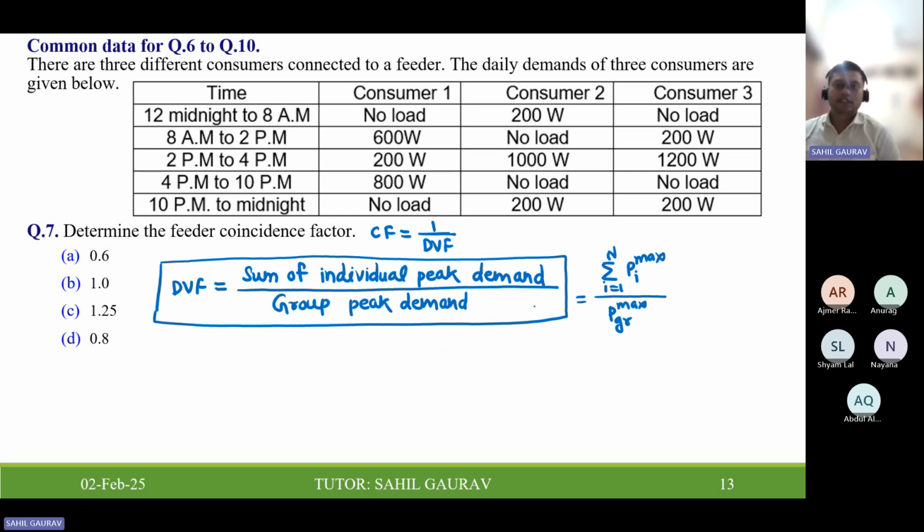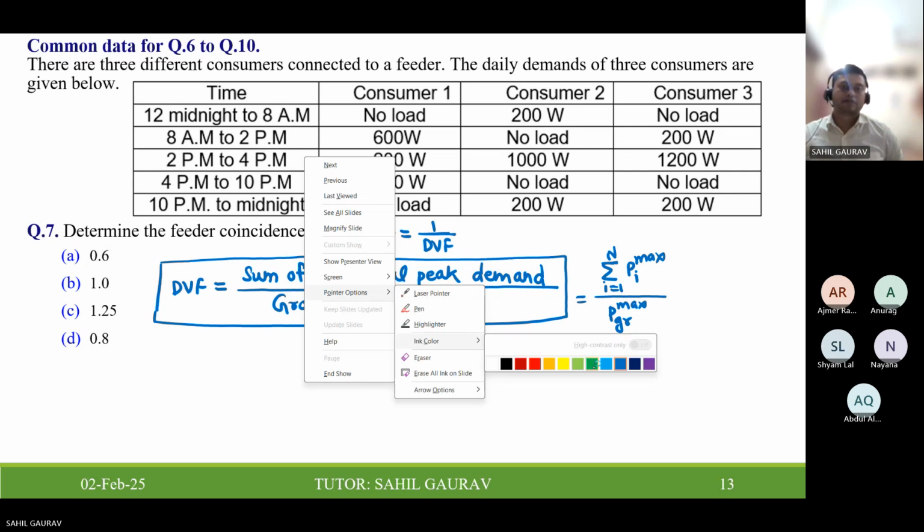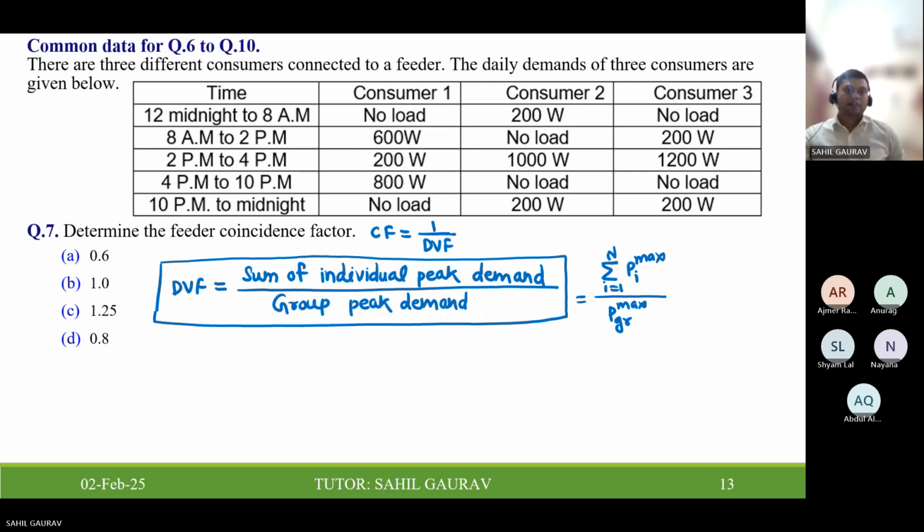So in this, you have to find the group peak demand. How do you find this group peak demand? For the different time instants, we have to find the group peak demand. So let us make another column where we do the summation.